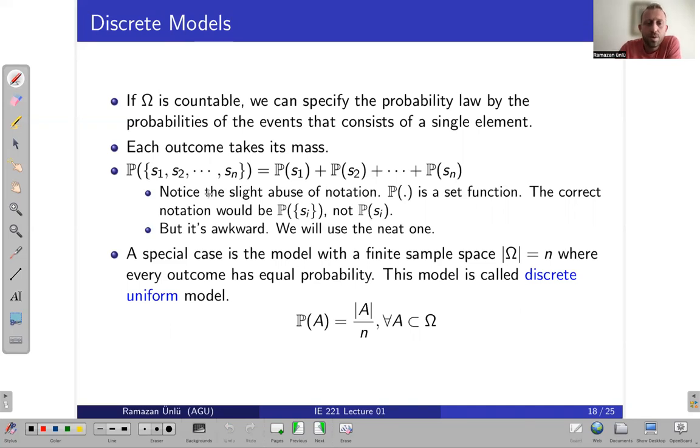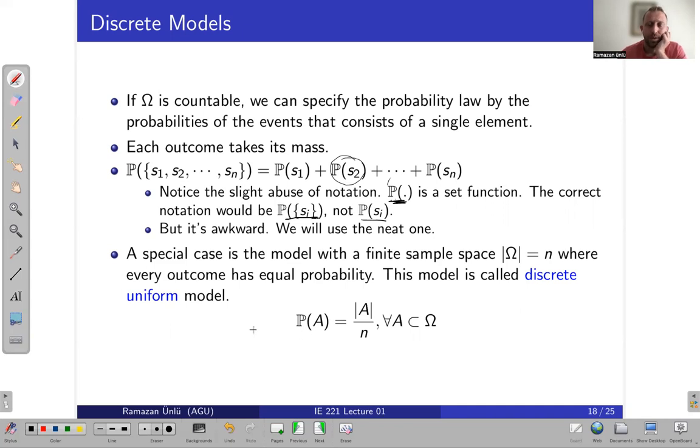Before going to this formulation, I just want to mention that this is actually a set function, so the correct notation should have rounded braces inside the curly brackets, but for our convenience, we are going to use this one.